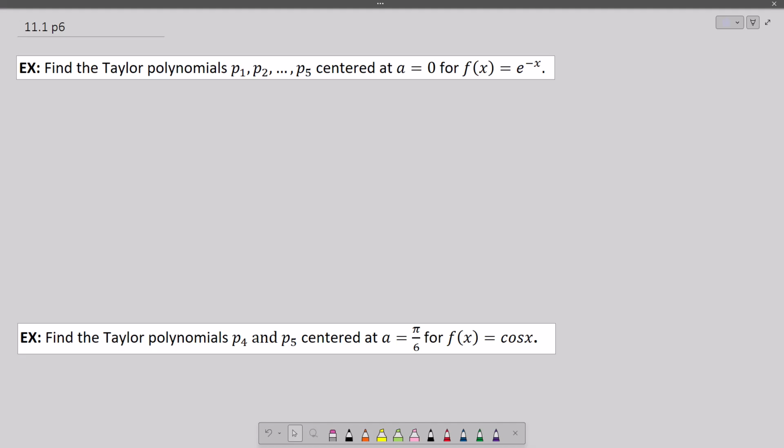They chose a center of 0. And if you're feeling frisky, you can keep going and see if you can get all the way to P sub 5.